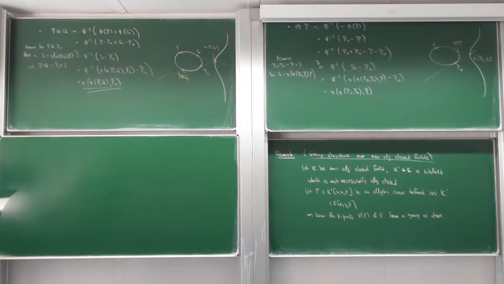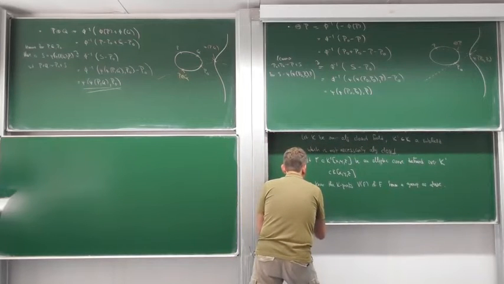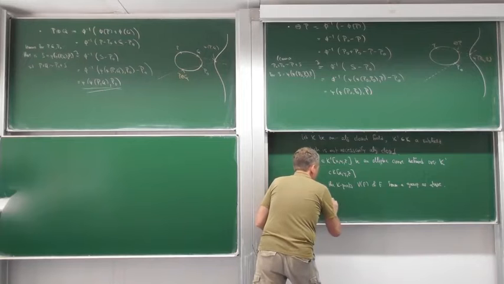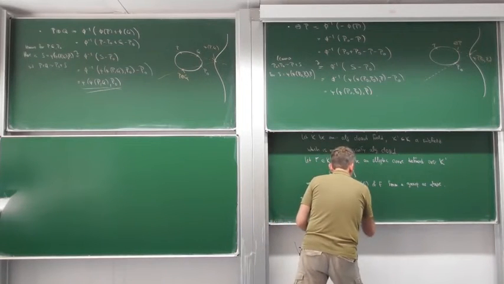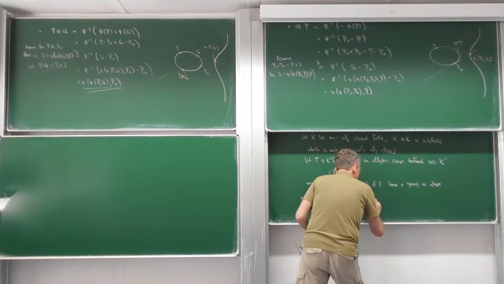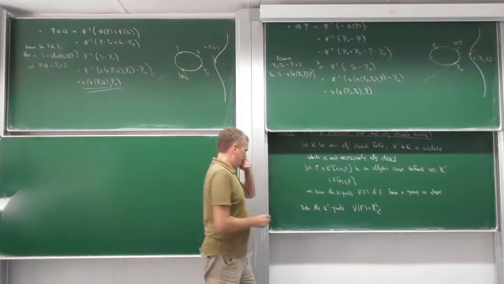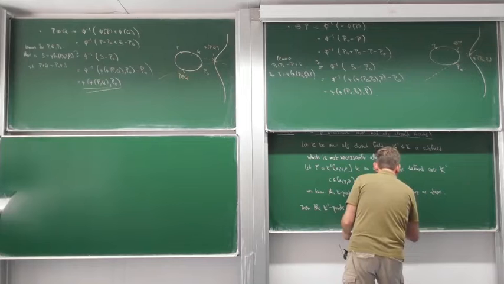Then the K prime points, so let me write this as V of F intersect P2 over K prime, so it's all the points where all three coordinates are in K prime, form a subgroup.